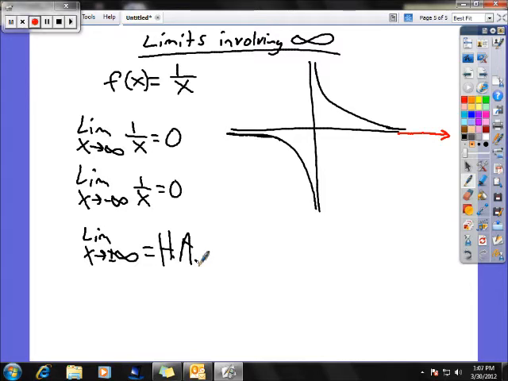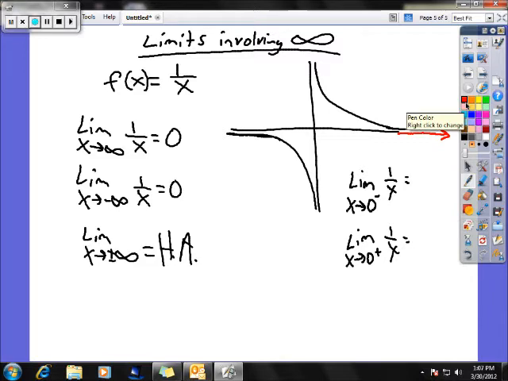Now, let's look at where infinity is going to be the answer. In this case, we're going to look at the limit as x approaches 0 from the left, and the limit as x approaches 0 from the right of 1 over x. Let's look at this graph and see if we can tell. The limit as x approaches 0 from the left is this side, and the y value is decreasing.